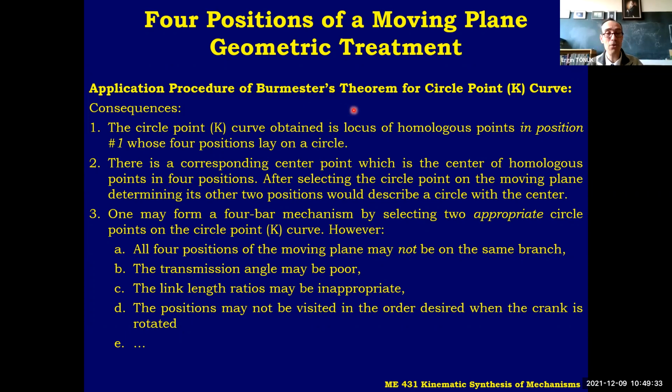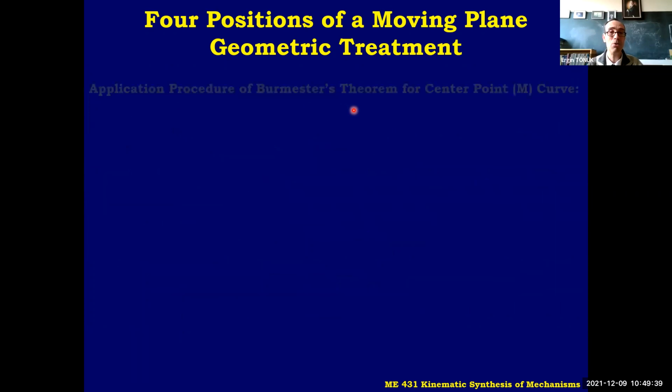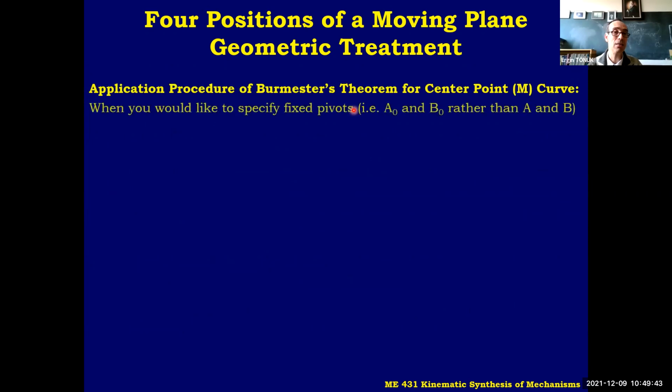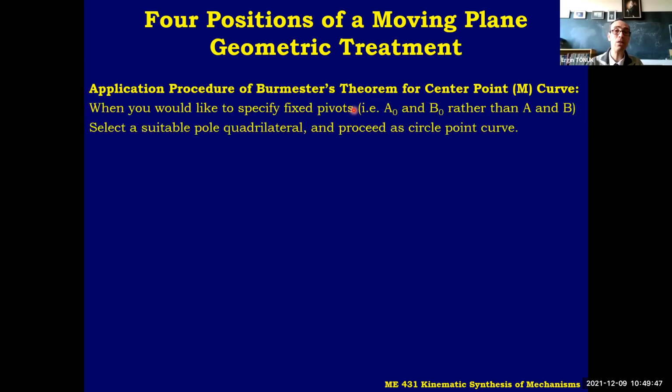We also have consequences on center point curve. Some of those are similar, some are not. Now, why do we use center point curve? Because we might want to specify the fixed pivots, that's A0 and B0 rather than AB.